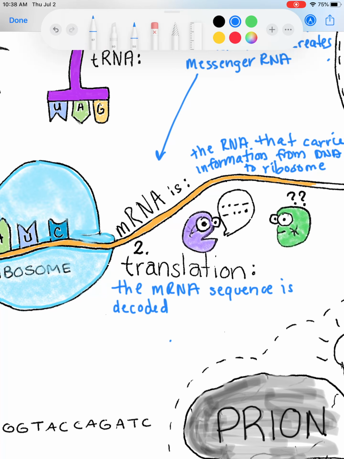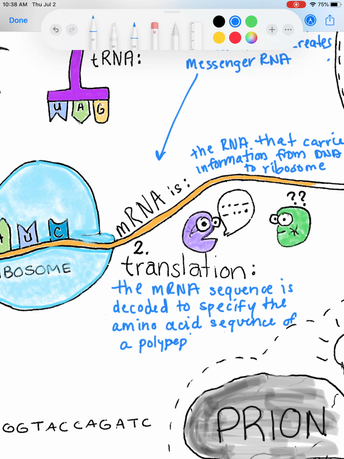So it has to be turned into something that the body understands, and it specifies the amino acid that needs to be built, of a specific polypeptide. So those polypeptide chains are made up of specific amino acids.